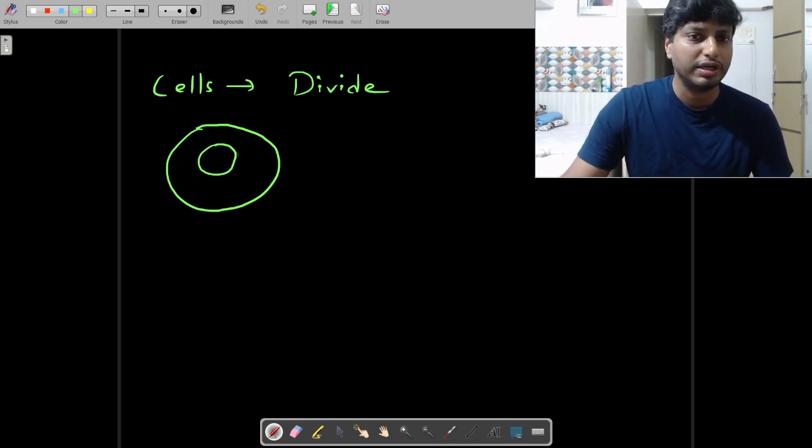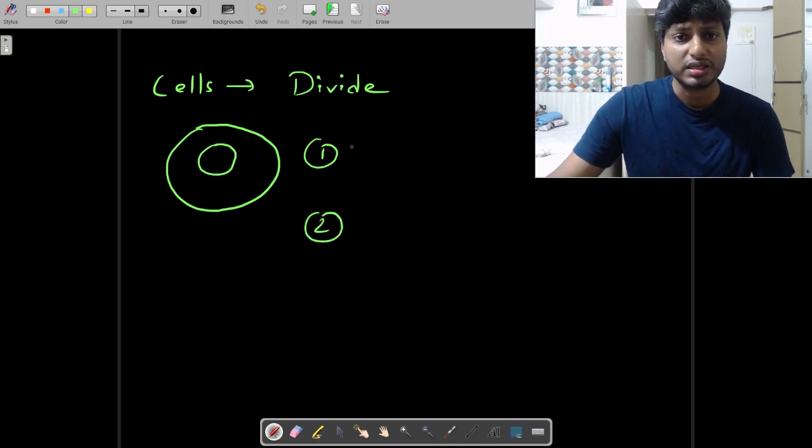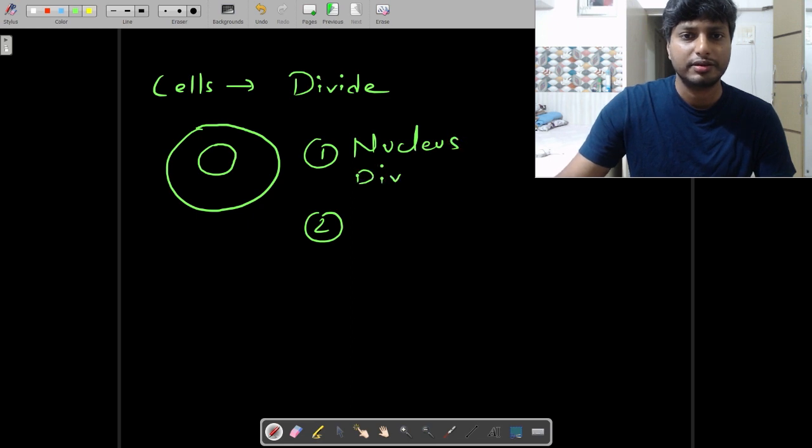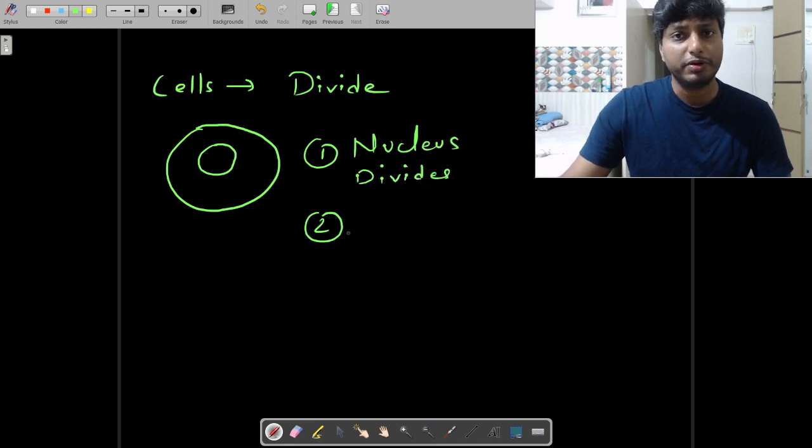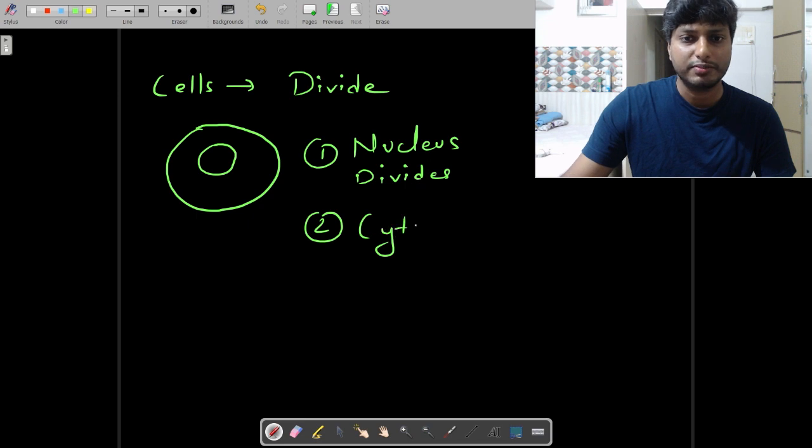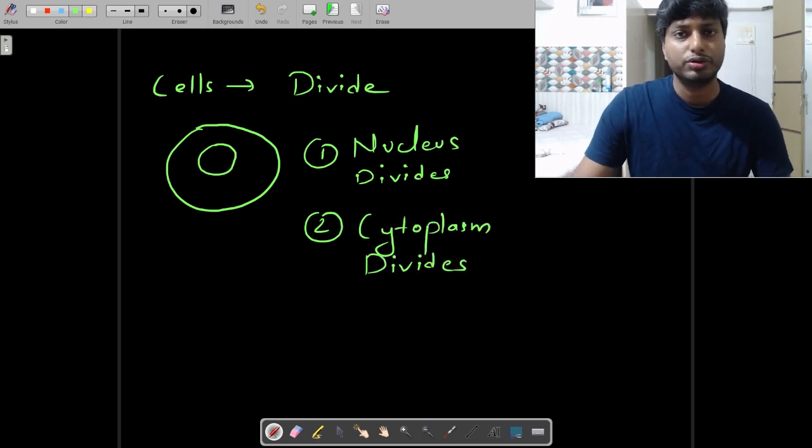In case of a eukaryotic cell, since they have a well-developed nucleus, there are two things which are going to happen when these cells divide. First, the nucleus is going to divide, which is going to be followed by the cytoplasm. So the cytoplasm is going to divide later.